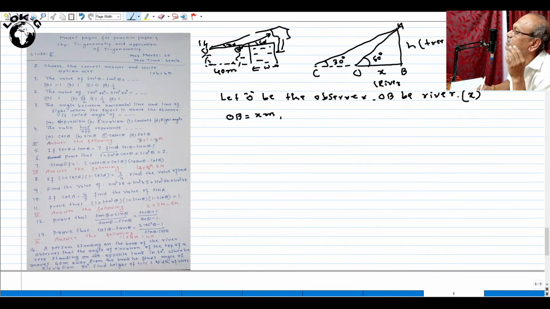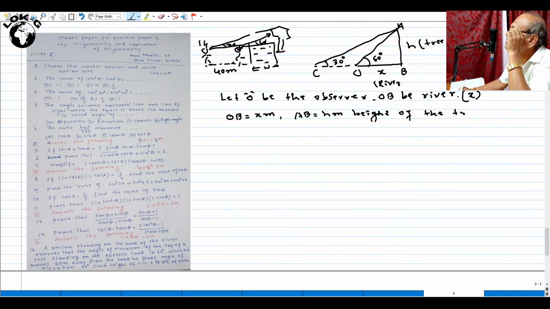OB be the river, and AB is equal to H meters, the height of the tree. You have to write these considerations before you start solving, right?